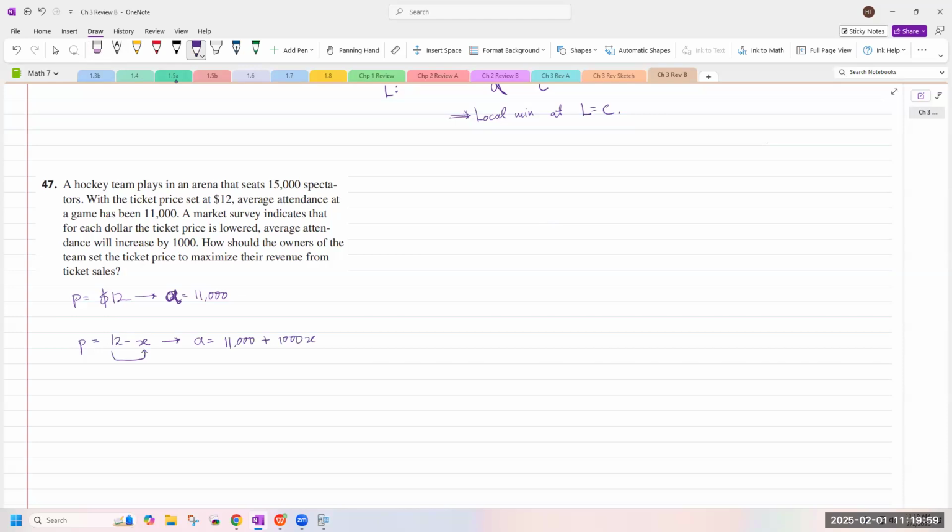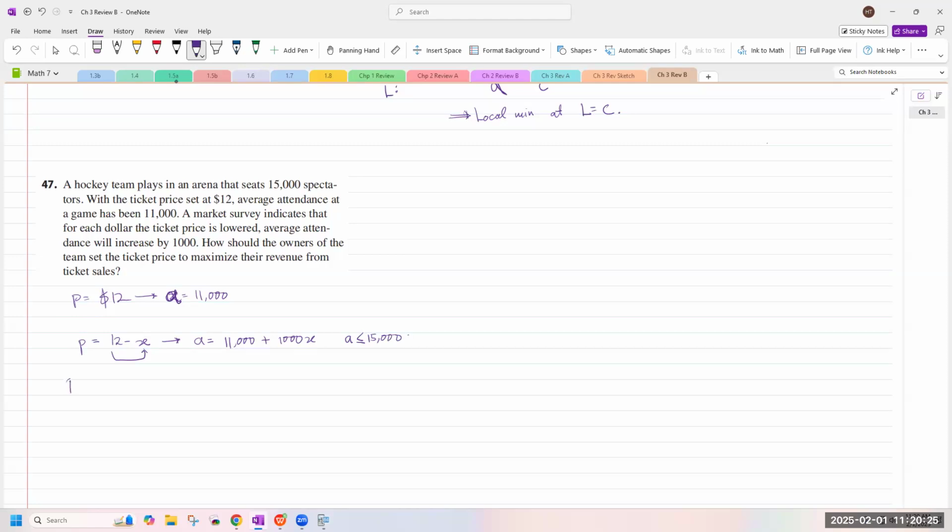So every $1 we reduce, so let's say X equals 1, then the attendance will increase by 1,000, right? But there's a limitation. The total attendance is at most 15,000. Okay? Yeah, the attendance is at most 15,000. Now, how should the owners of the team set the ticket price to maximize the revenue?